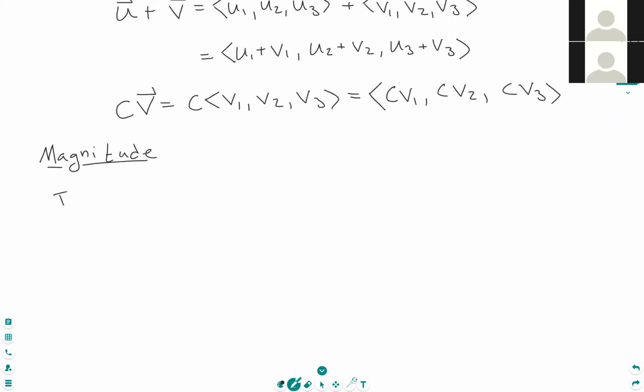The magnitude of the vector v is written with double absolute value bars on v.